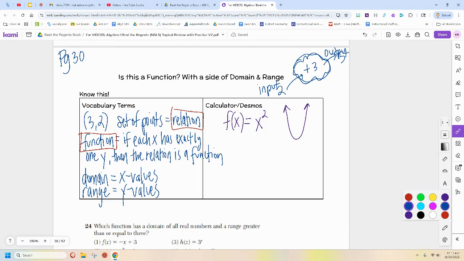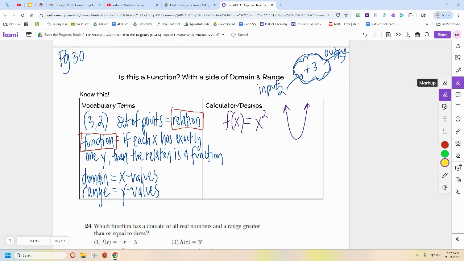Basically, you're looking at the fact that there's a minimum or lowest value for the y values, which means there's a lowest value for the range. And so our range is from here on up on that y-axis.